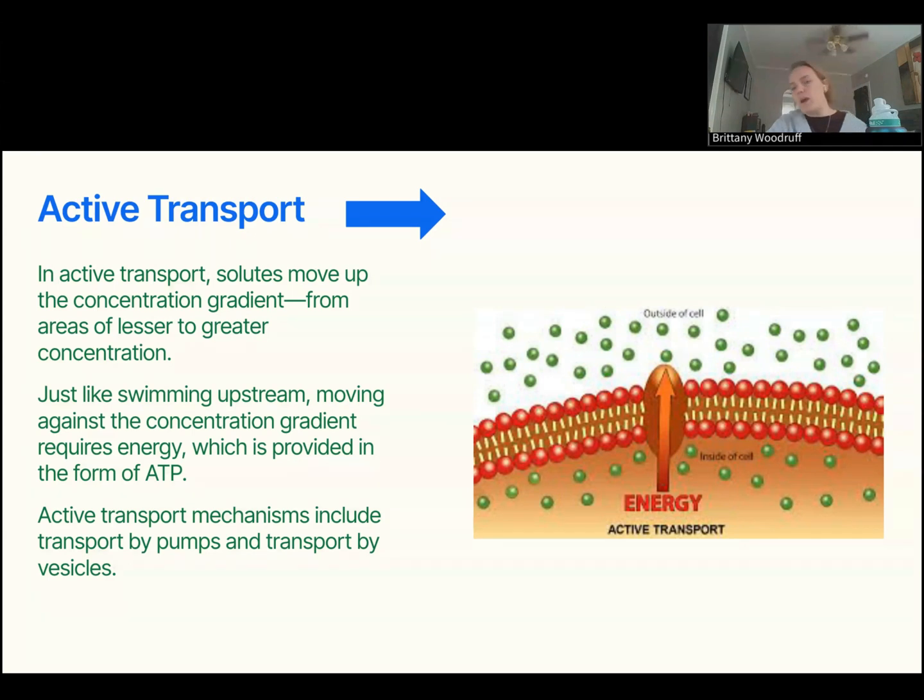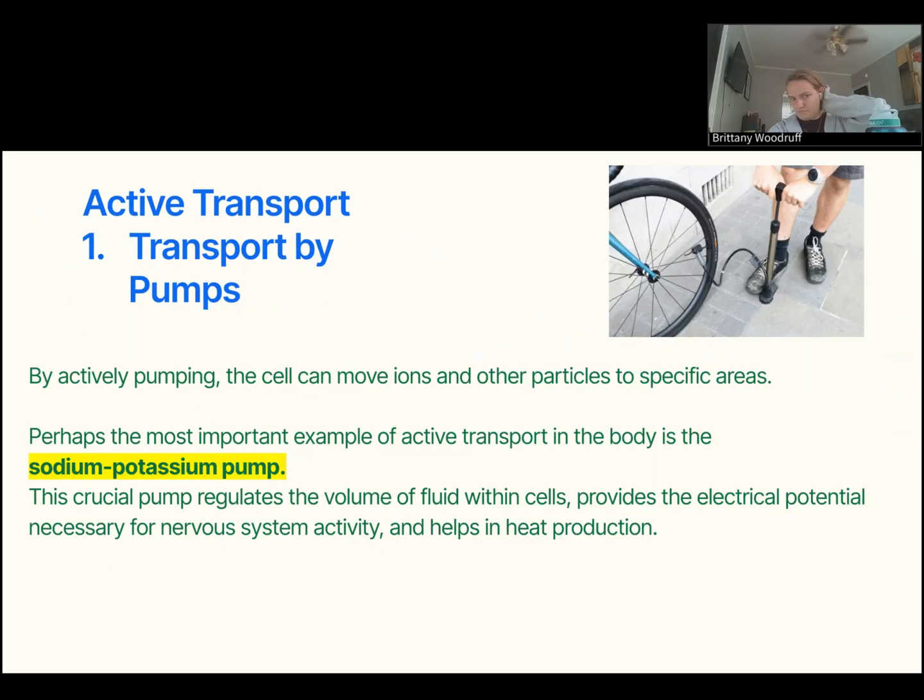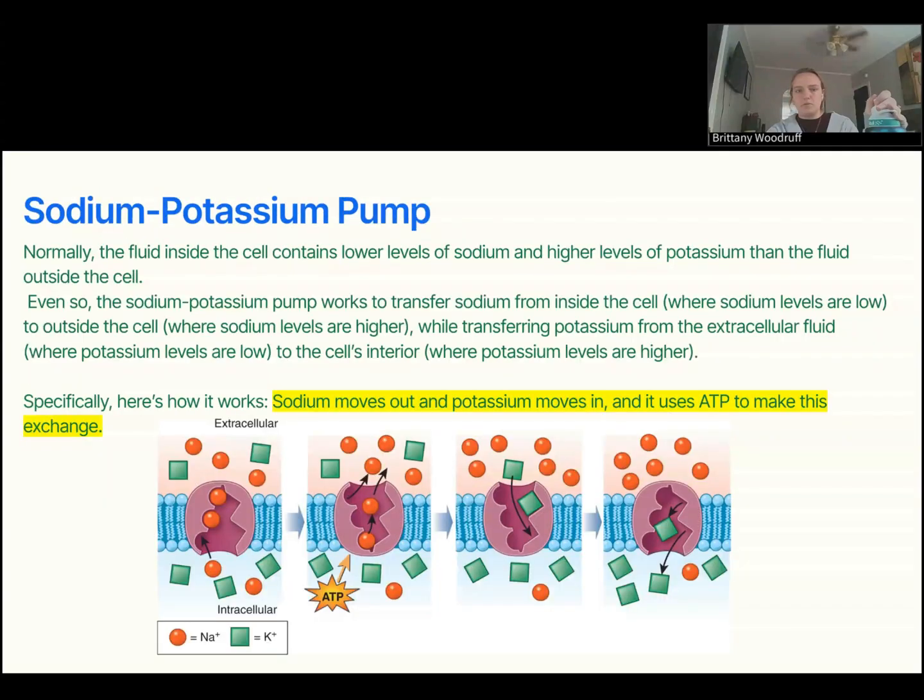So we have two types of active transport mechanism. You are going to have transport by pumps. The most important example is going to be the sodium-potassium pump.